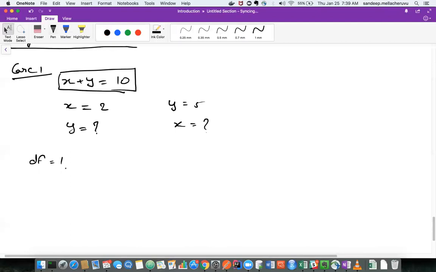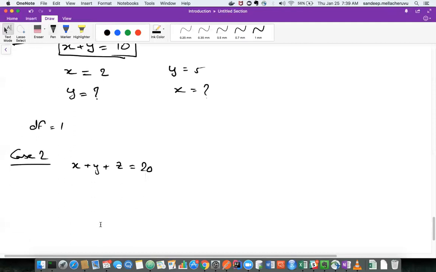So how many variables you can freely change is your degrees of freedom, nothing else. It's very easy actually. Let's take another case, case 2. Now Subbu, in this case, can you choose x? 6.